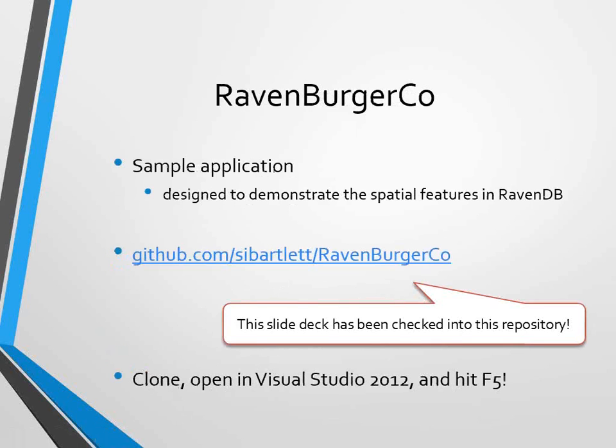Now I'm going to show you RavenBurgerco. This project is hosted on GitHub, so you can clone it yourself and play about with it. I've also checked in this presentation into the same repository. You can clone it, you can open it in Visual Studio 2012, and then you can just hit F5 and it will work. So I'm going to quickly show you it now.